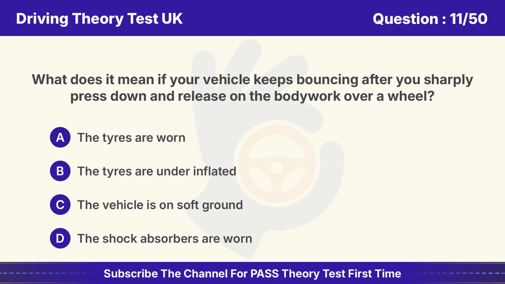Question 11. What does it mean if your vehicle keeps bouncing after you sharply press down and release on the bodywork over a wheel? Answer is D. The shock absorbers are worn.